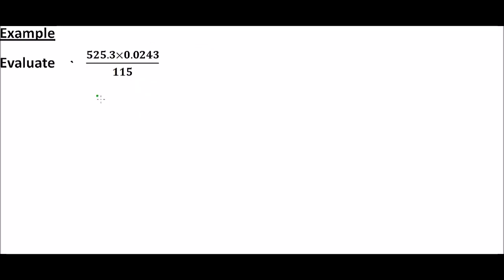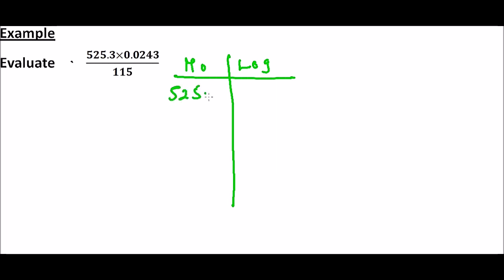So another example, evaluate. So just like we have done with the other examples, let's draw a table. So this is for the number, this is for the logarithm. We have 525.3.